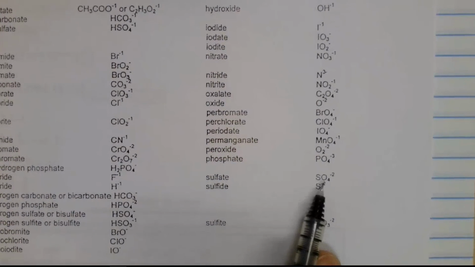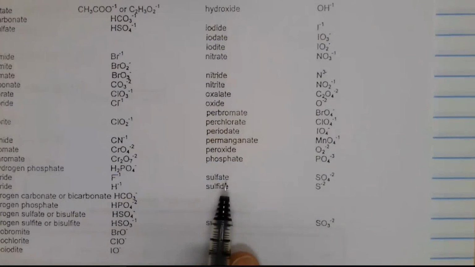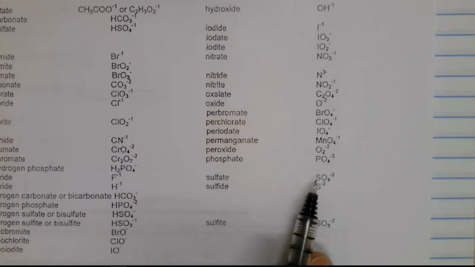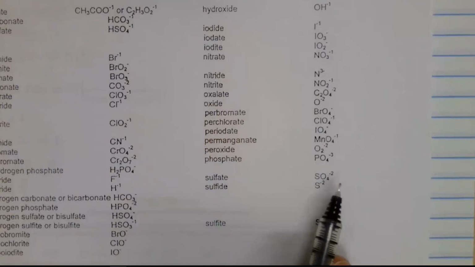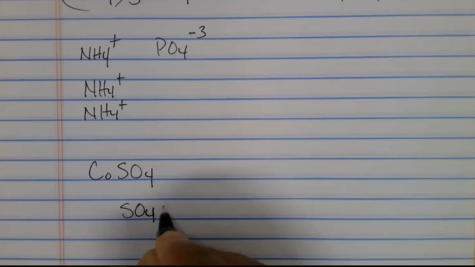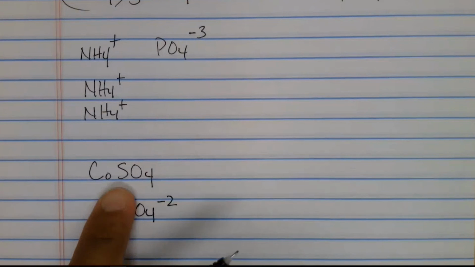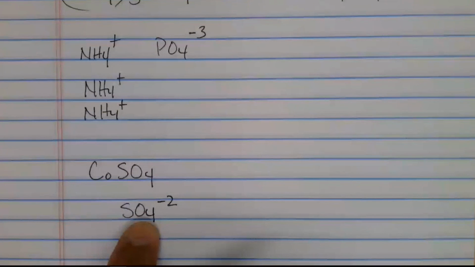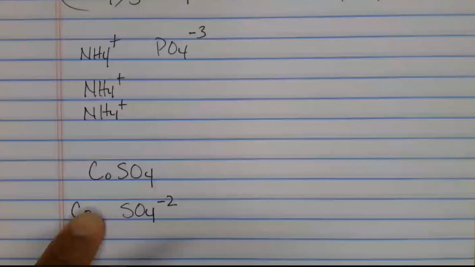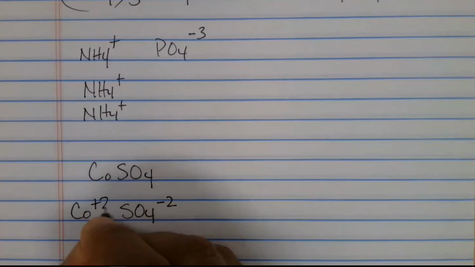SO4 is called sulfate, and SO4 has a net charge of -2. So watch what we're going to do here. There's one SO4 with a -2 charge. And so therefore, for ionic compounds, we want to take this one cobalt and give it a charge so that these balance. So what's the charge on a cobalt? +2.